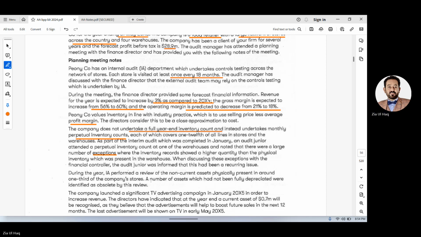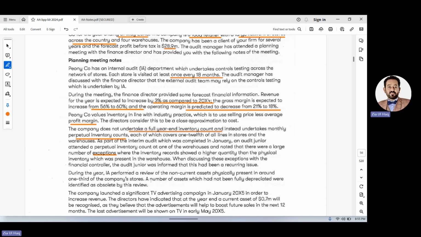Exception means mismatch, where the inventory record shows a higher quantity than the physical inventory present in the warehouse. When discussing these exceptions with the financial controller, the audit junior was informed that this had been a recurring issue, meaning it happened normally.